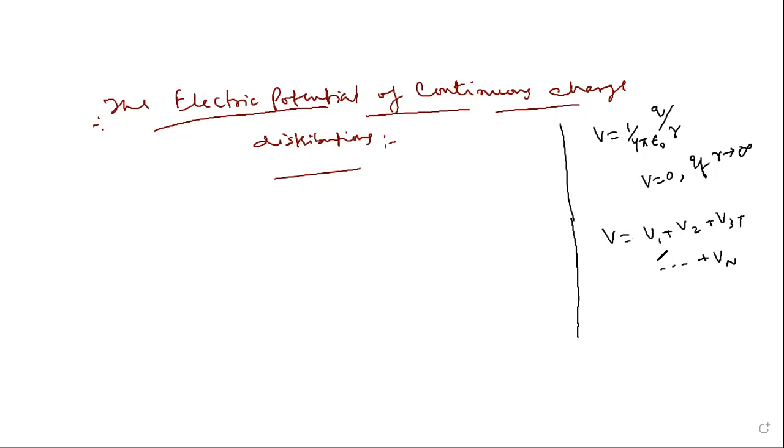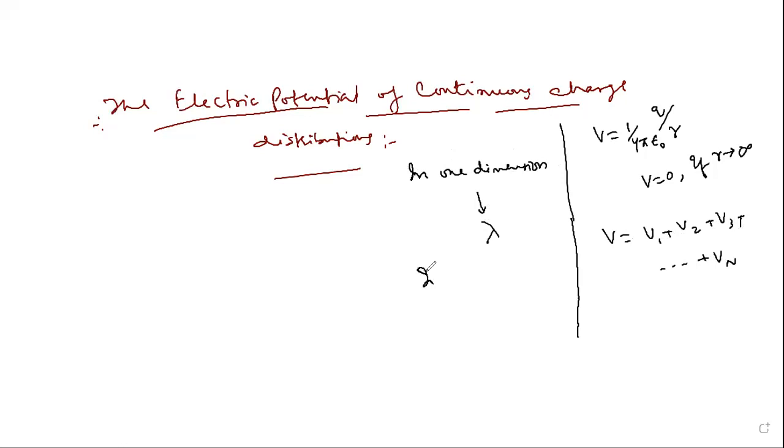Now today we talk of electric potential of continuous charge distributions, and in continuous charge distributions charge can be distributed in one dimension. So in one dimension we define a quantity lambda, which is called linear charge density.